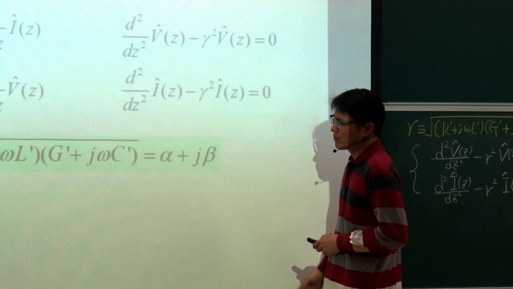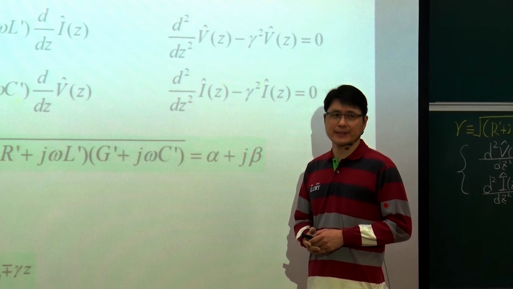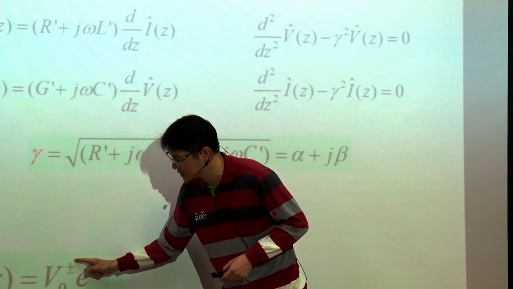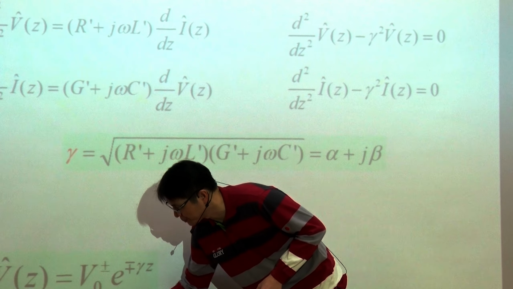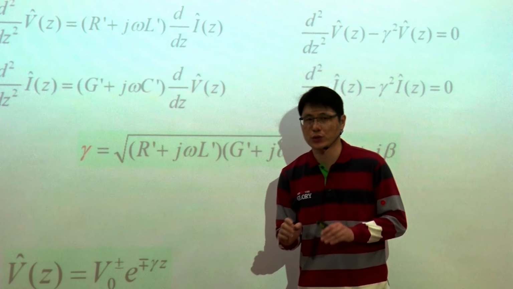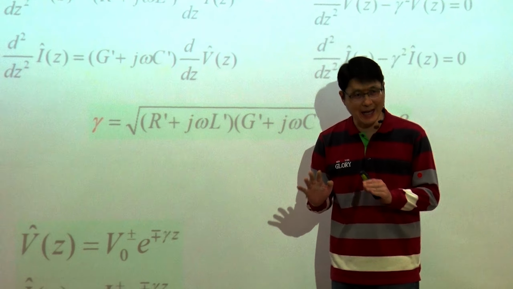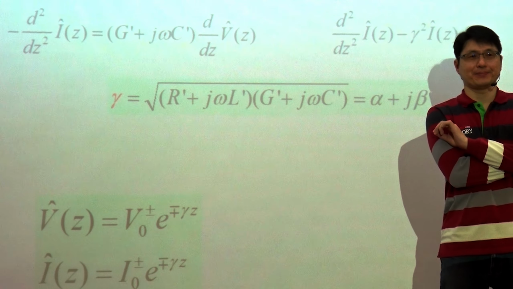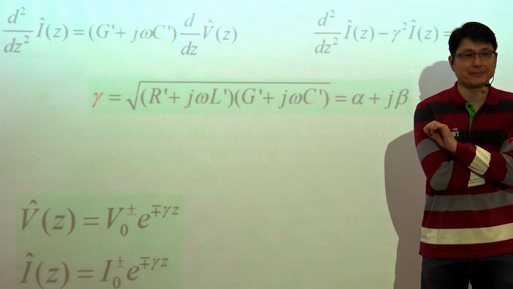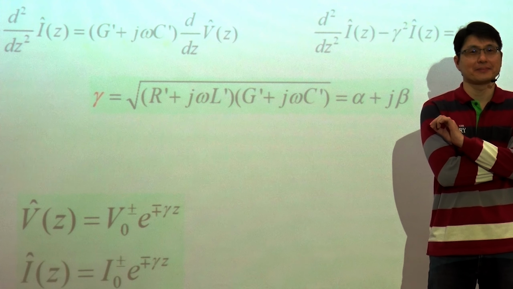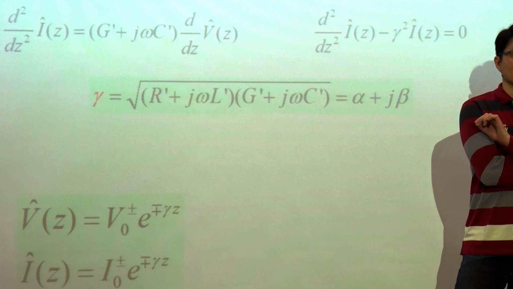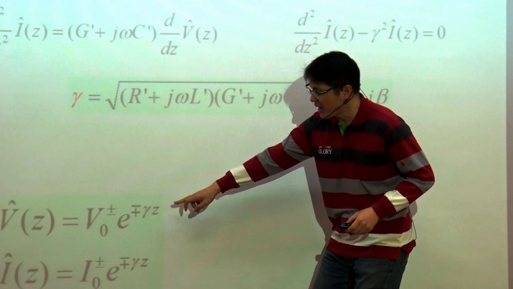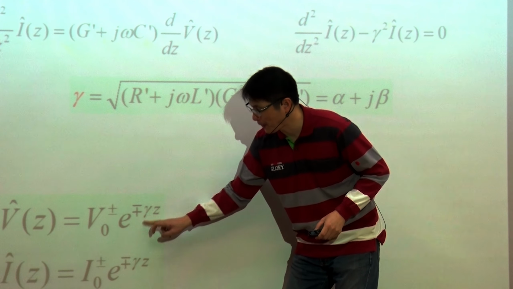Now, another physical sense. Even though we have four unknowns, V0 plus, V0 minus, I0 plus, I0 minus, which we don't know how to solve for now, but there is one happy thing. What is that happy thing? There's one happy thing embedded in this equation.